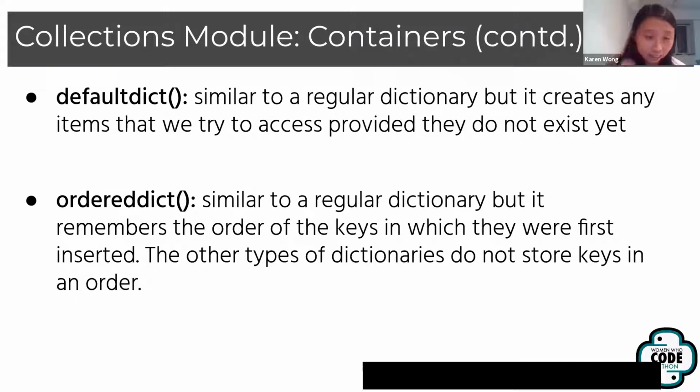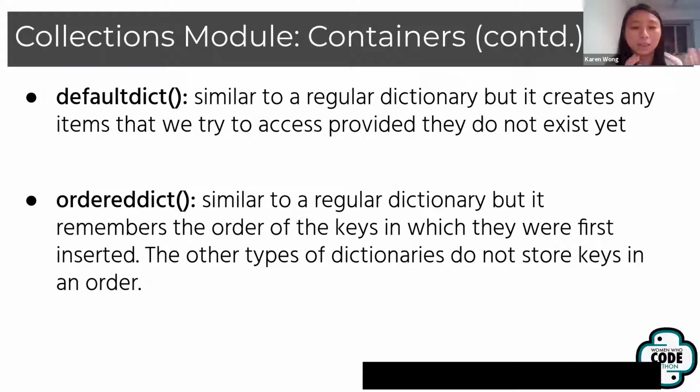defaultdict is also very popular. It's similar to a regular dictionary, but it helps you when you try to access keys that don't exist yet. For example, if you want to create an empty dictionary, using defaultdict helps you have a structure without the keys and values.